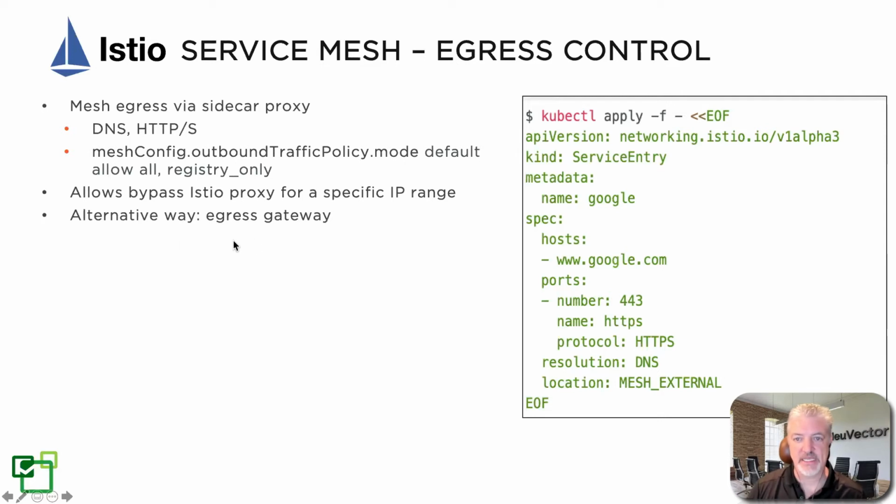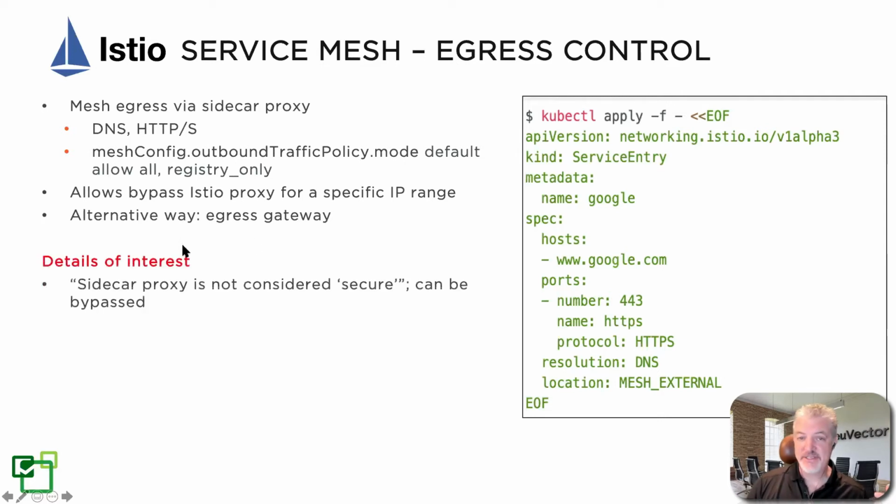So egress gateways. Details of interest. Sidecar proxy is not considered secure and can be bypassed. So this is also from the Istio documentation. And basically, it's what I've heard from customers, and also things that I've read from operational experiences of those that blog about it and different things like that.